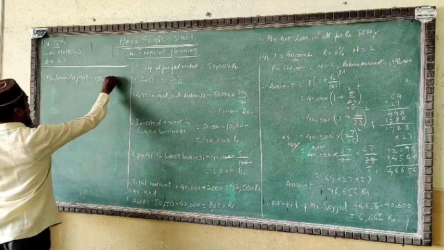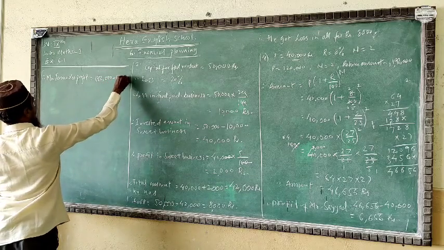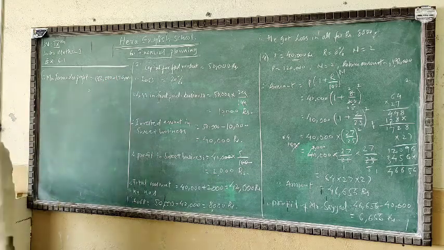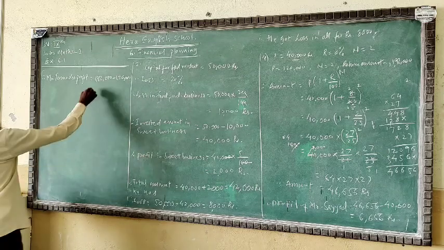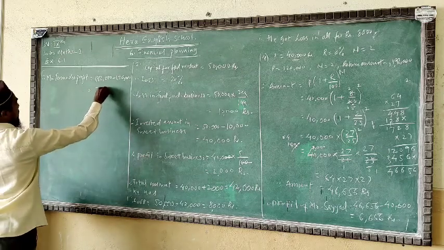By investing 1,20,000, he got 1,92,000, then we take the profit here. So we'll have here 72,000.